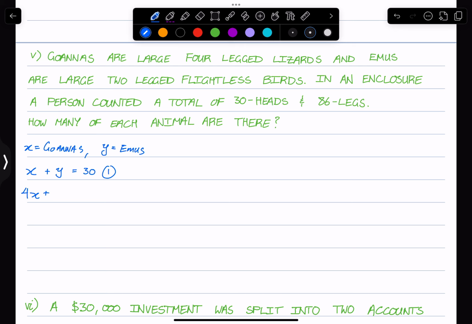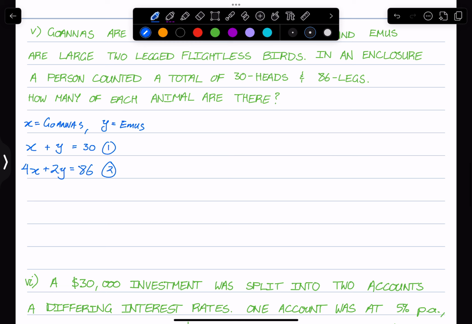Now if we add on, each emu has 2 legs. And the 4 lots of goanna legs and the 2 lots of emu legs must add up to 86 legs in total. That there is our equation 2.